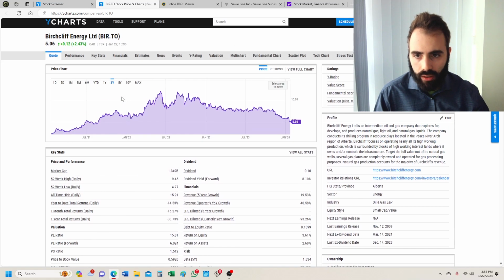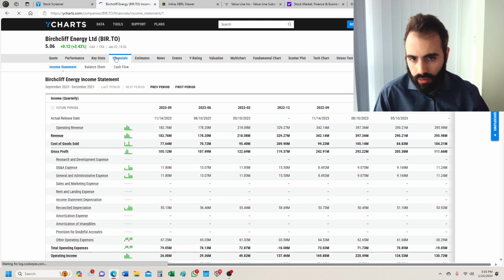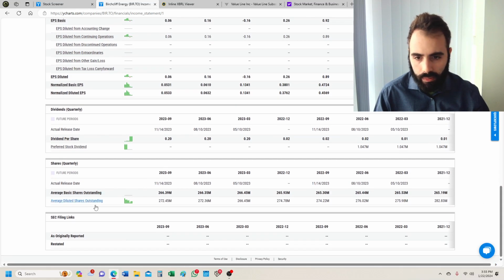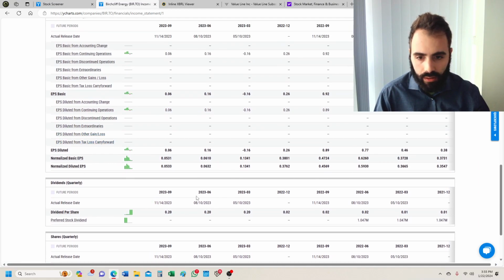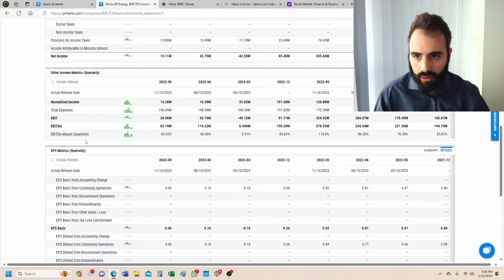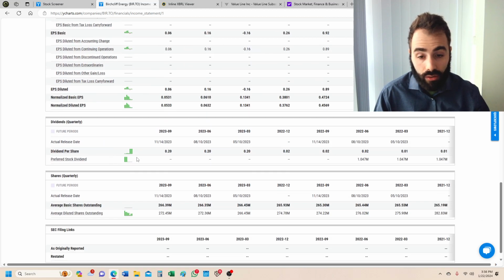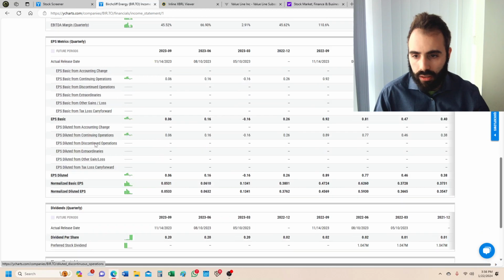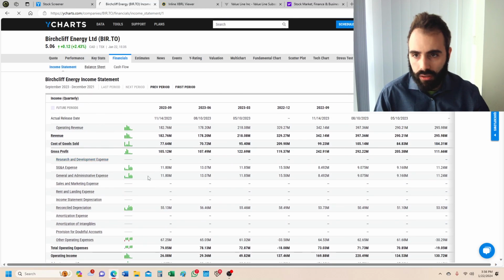Okay. Let's take a quick look here. Shares not being diluted, which is good. Actually being bought back. Dividend paid out. EBITDA margin is quite high actually. But what am I doing? Where's the balance sheet?